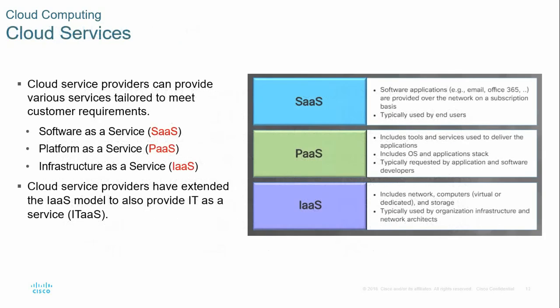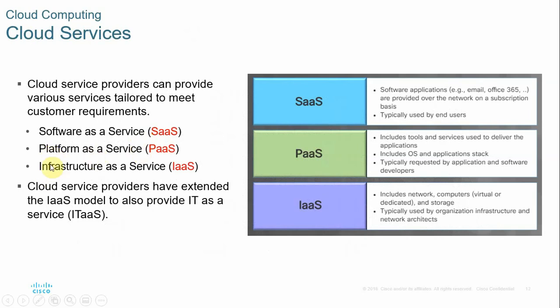What are the different types of cloud services? The cloud service providers can provide various services tailored to meet the customer requirements. These are the different types of services. First, software as a service. There are some cases where you need software, and you can borrow the software. Once you finish using it, you can return it back, or you pay only for what you are using.